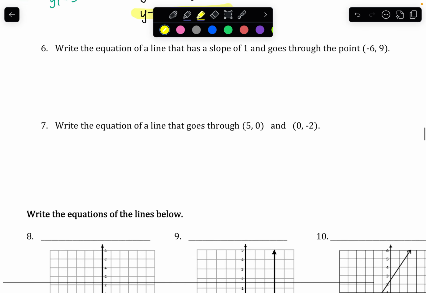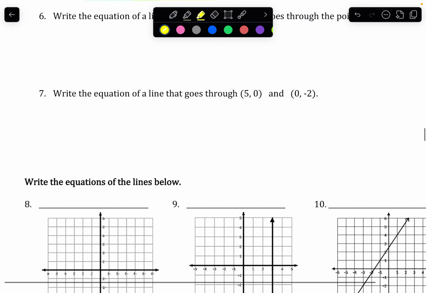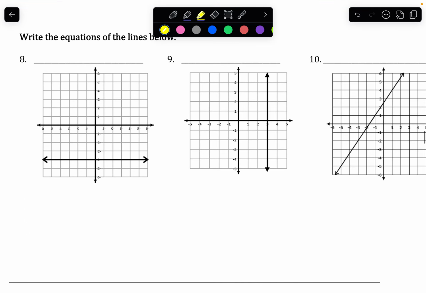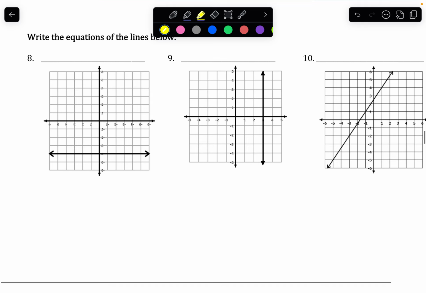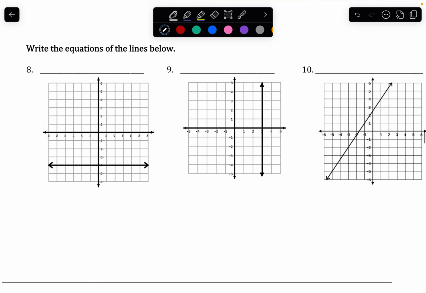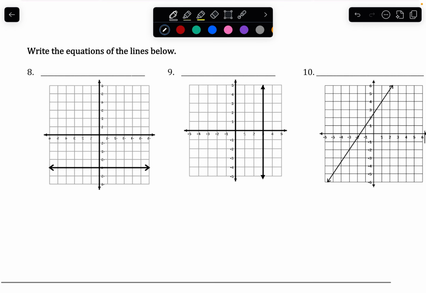Okay, these next few are kind of redundant, so I'm going to skip to 8, 9, and 10. When you see horizontal and vertical lines, you aren't going to use slope-intercept form or point slope form. It's either going to be x equals a number or y equals a number. So a trick is look at which axis the line is crossing.